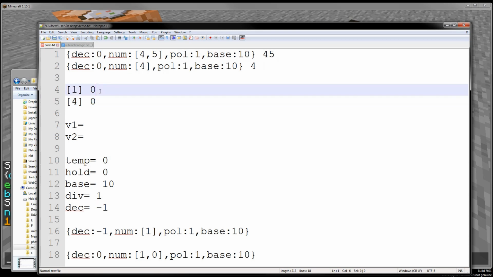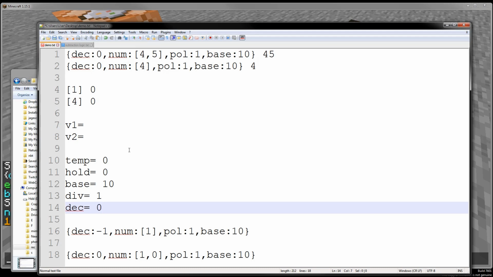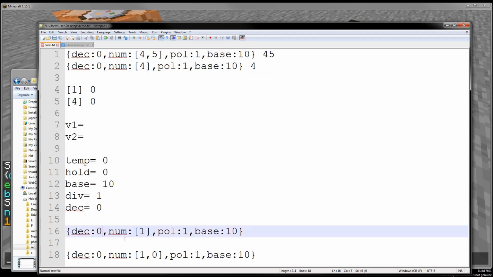Now, since these both are the same decimal point, I add 1 to the current decimal point value by default. If there's no difference, I add 1 to it. So now my decimal point is 0 and my number is 1 again. So then I add 1 to 10, which gives me 11 on my current output.